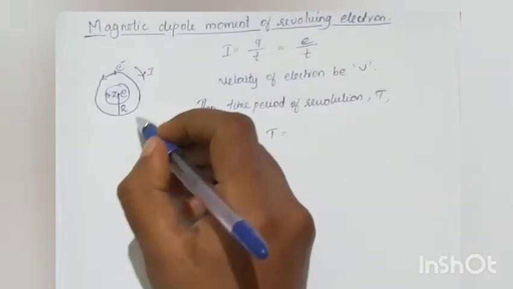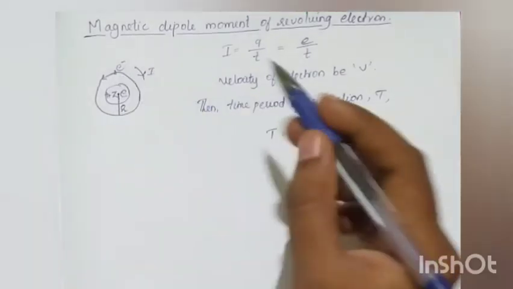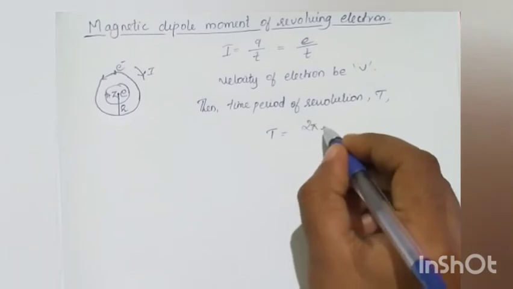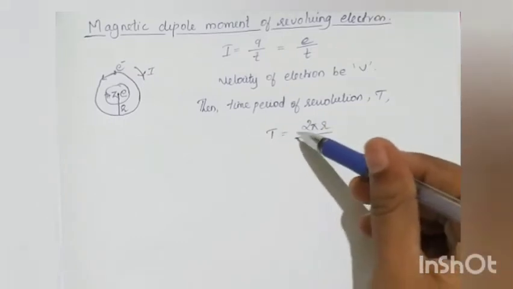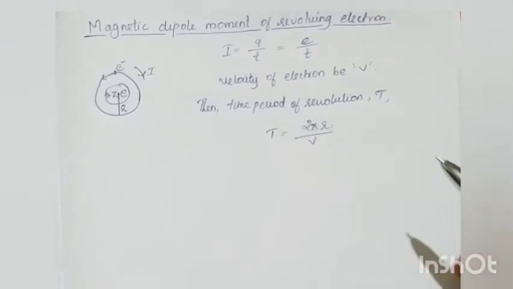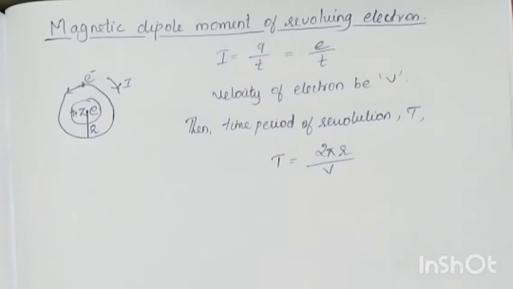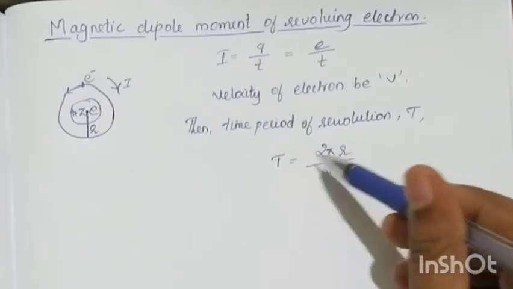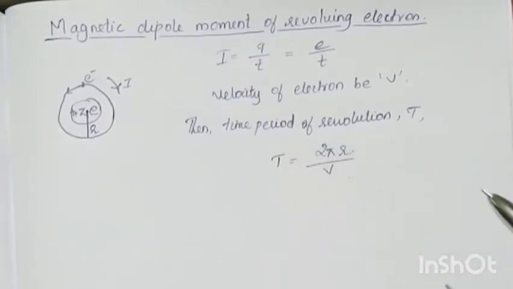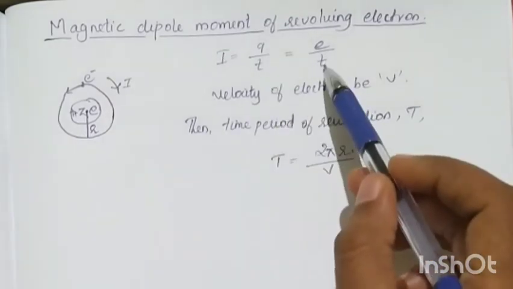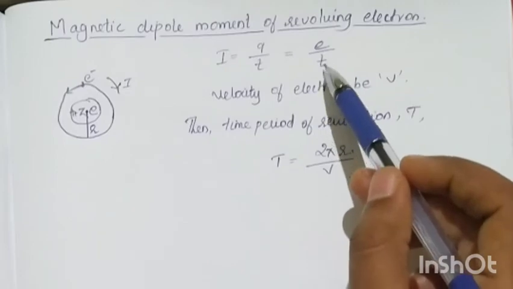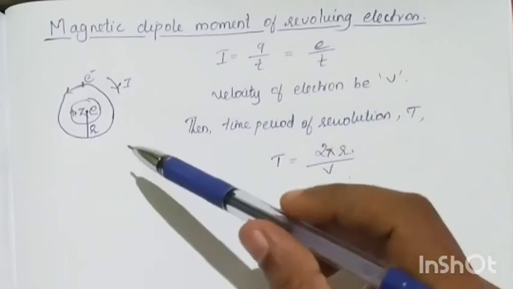Here the distance covered by this electron in this orbit is 2 pi r, and the velocity is taken as v. Thus the expression for time period is obtained as T is equal to 2 pi r by v, and this time period is the time taken by this electron to revolve around the nucleus.